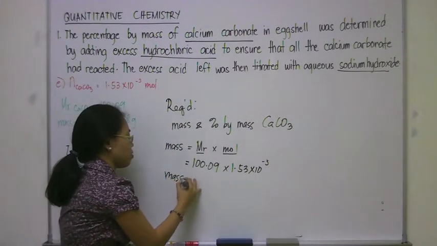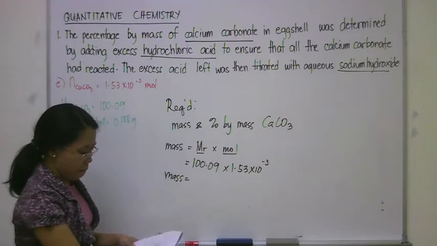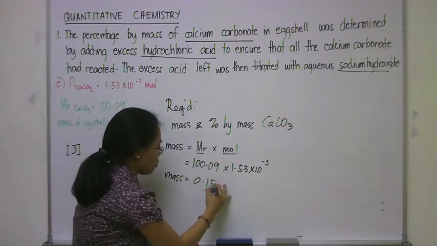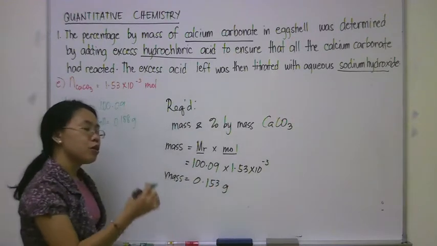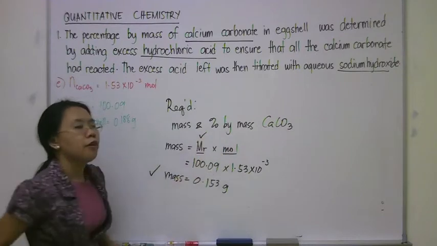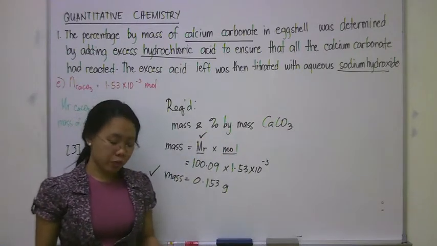The mass is equal to 0.153 grams. So 1 mark for calculating mass and 1 mark for finding the MR of calcium carbonate.